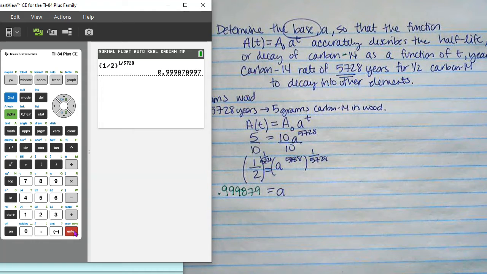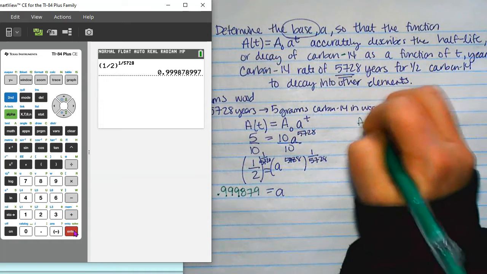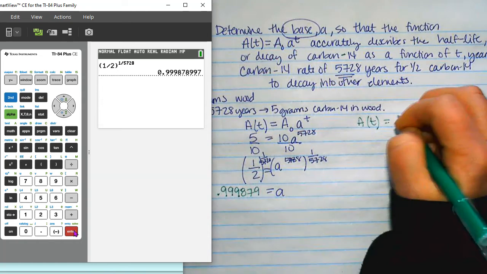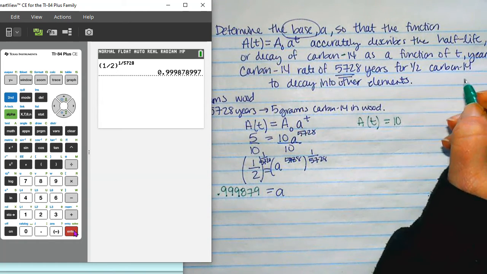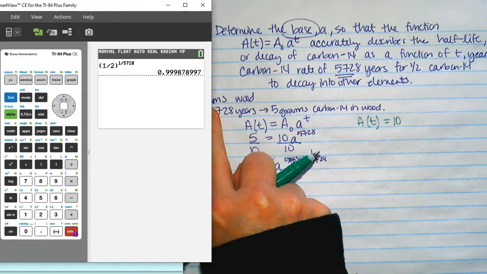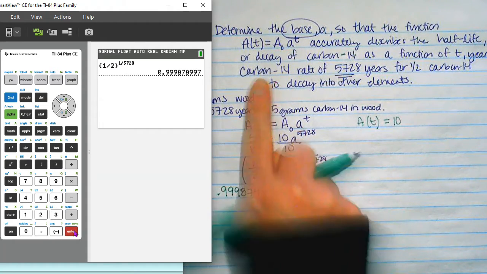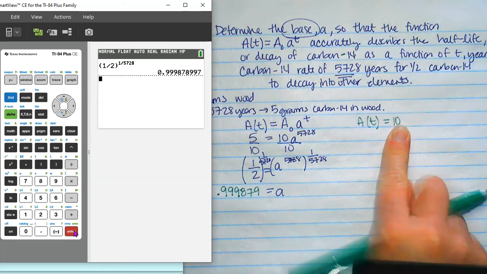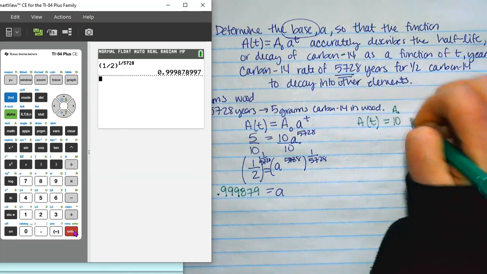Let's go back. If we say amount at time t equals, we're starting with 10 grams. So a long time ago we had this amount of wood that had 10 grams of carbon-14 in it. So we're saying we start with 10. That's our initial quantity. We're raising it.